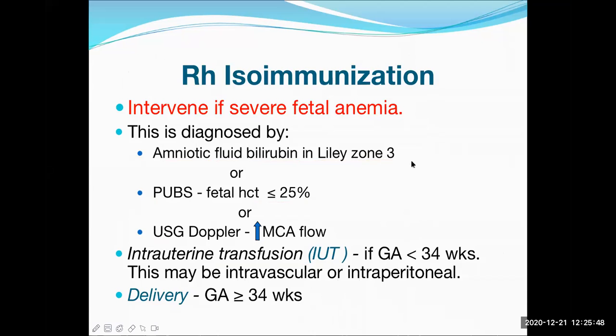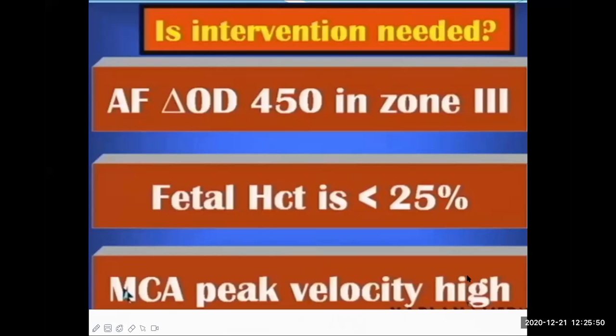Let's move on. Now, this is one slide which is again talking about the different types of management. Is intervention needed in this situation or not? If the delta optical density is 450 in zone 3, fetal hematocrit is less than 25%, or MCA peak velocity is high, should I go for intervention or not?